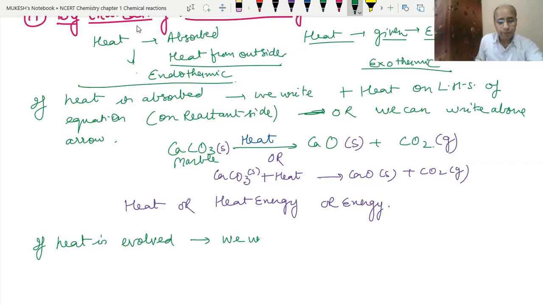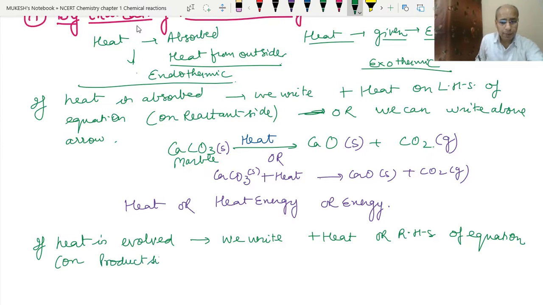We write plus heat, or heat energy, or energy on the right-hand side of the equation, that means on the product side.